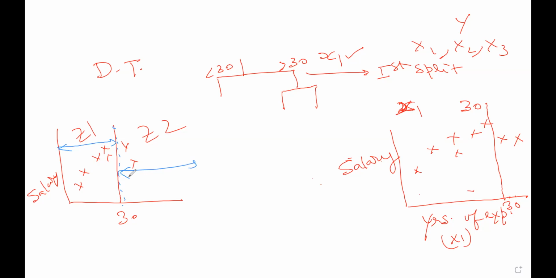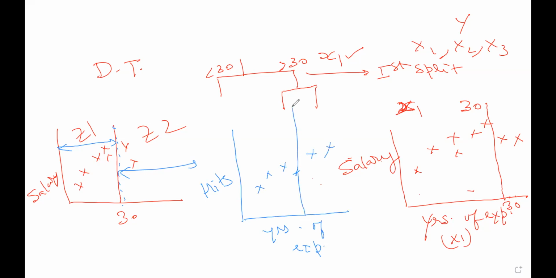Okay. And if that is the case, I'll try to draw a graph now in which on one side I'll say years of experience, right? And on the other side, I am going to say hits, number of hits the person has made. And on this, I'll superimpose salary as a variable. Maybe something like this comes, right? So years of experience was 30, and this crosses our salary, right?